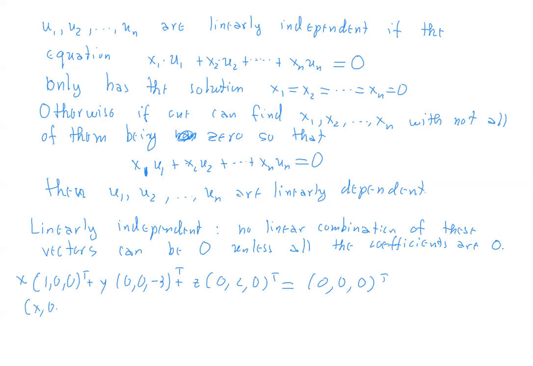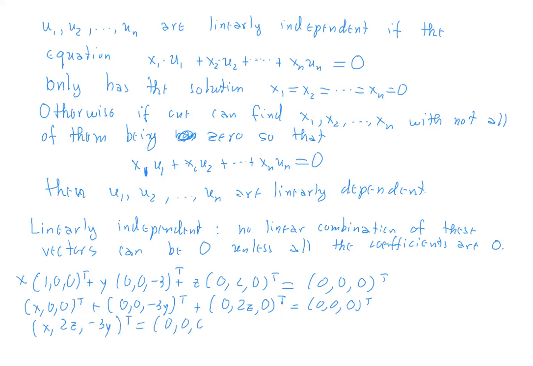It would give us (x, 0, 0) plus (0, 0, -3y) plus (0, 2z, 0) is equal to (0, 0, 0). Which means what? Let's add them all together: (x, 2z, -3y) has to be equal to (0, 0, 0).